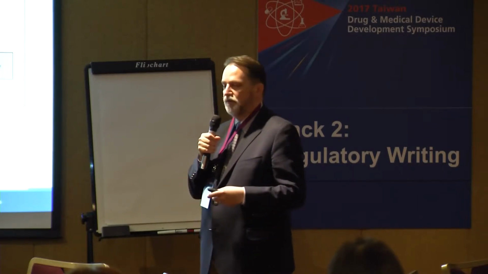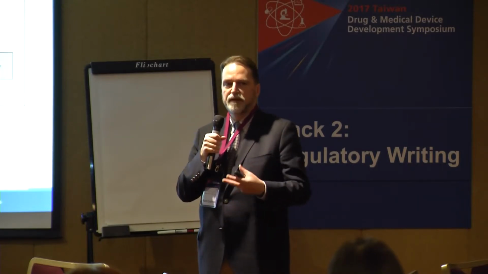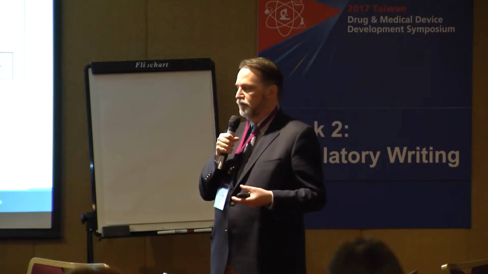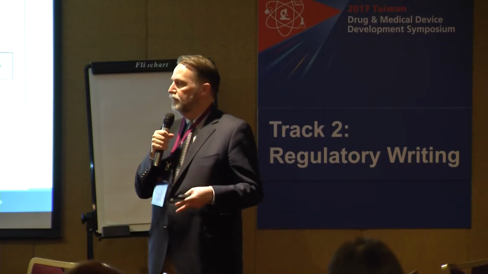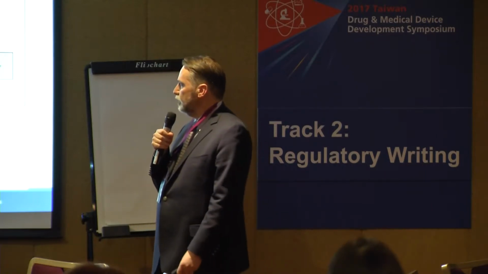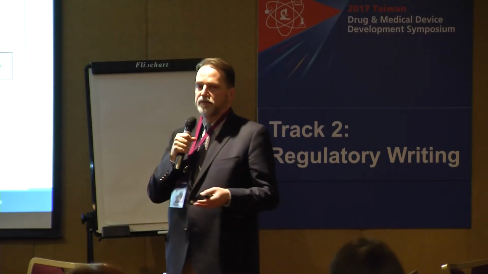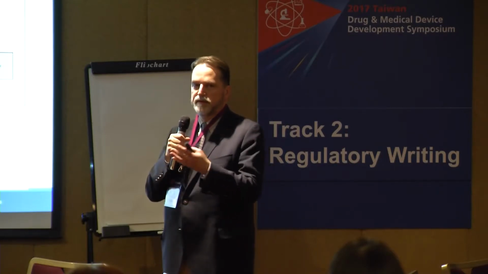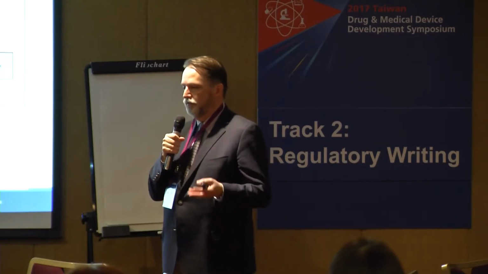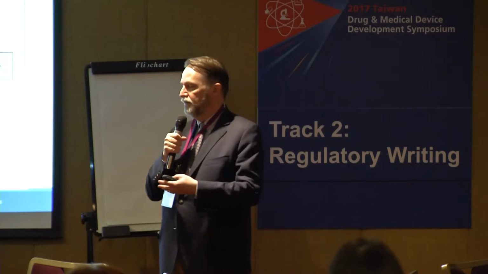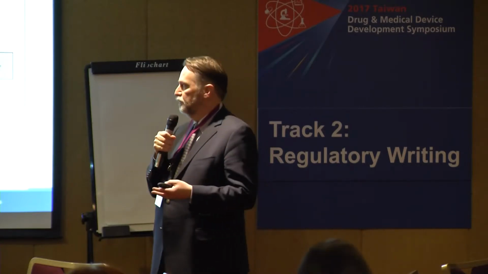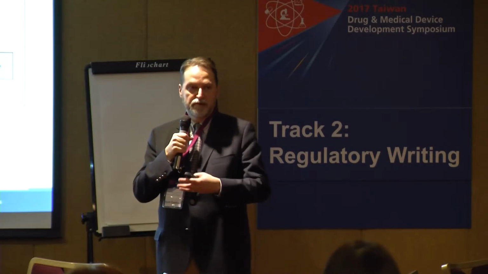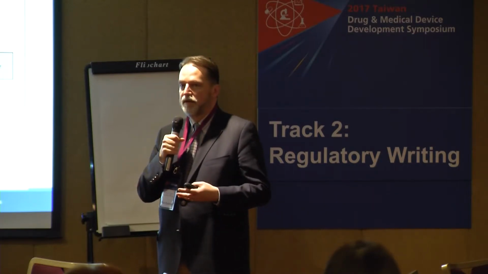We use an electronic document management system, which is especially important for the IB because it gets updated. And then we send out a notification to the team and other key people, partners. We may have a partner company involved, so we may need to review the IB with the partner company as well.